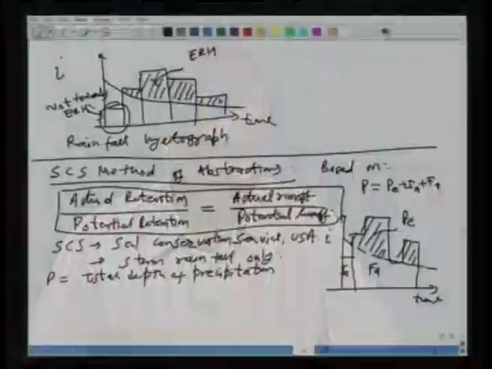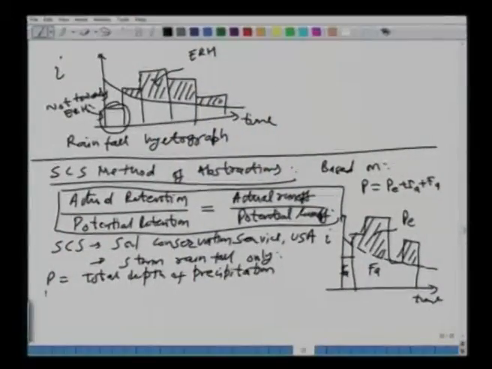During that whole duration, P is the total depth of the rainfall or the precipitation. IA is the initial abstraction. So, you see that this method does account for the initial abstraction before ponding.